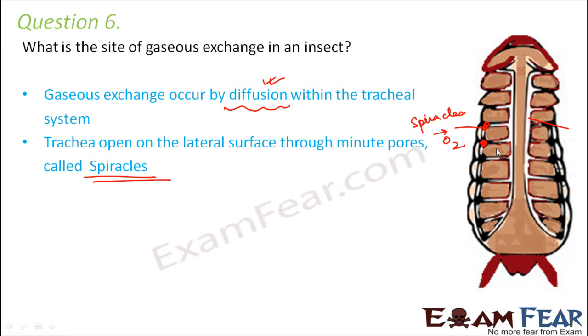So these tube-like structures are the tracheal system. The air from the spiracles goes to the trachea. From the trachea it diffuses to different cells. So this is how oxygen moves. The carbon dioxide follows the reverse path. That is, it comes from different cells to the trachea, from the trachea to the spiracles, and from the spiracles it goes outside.